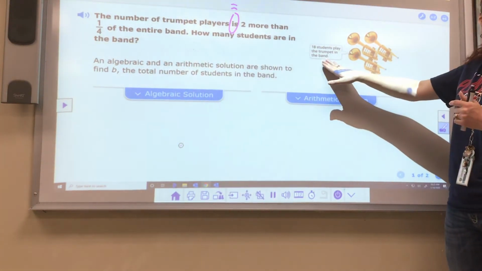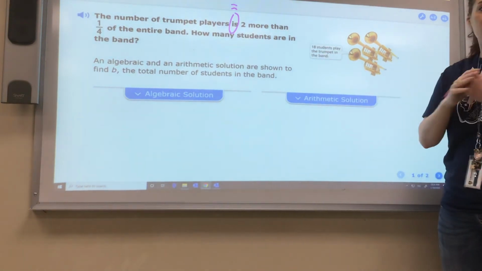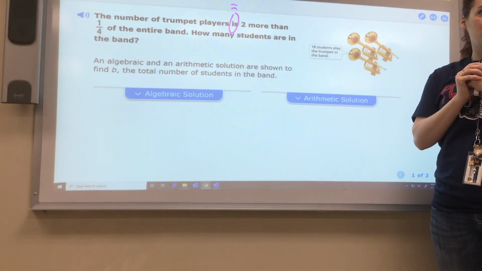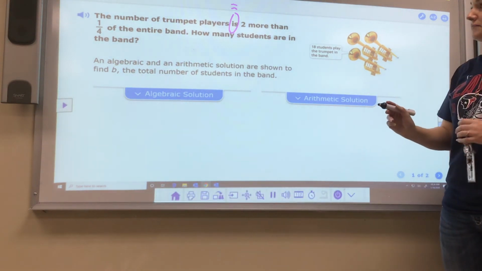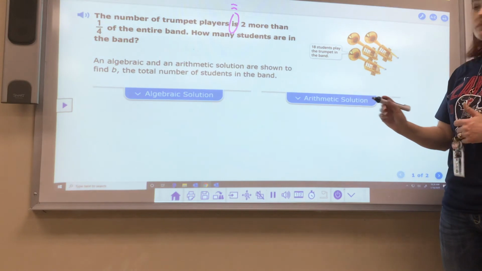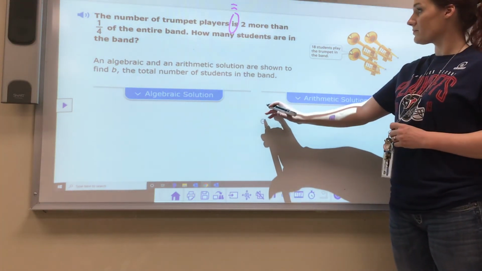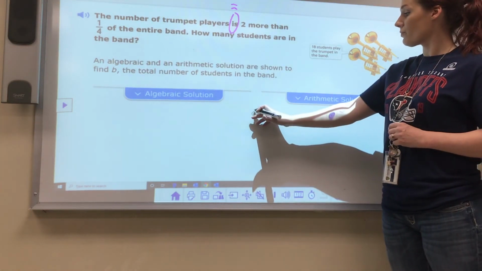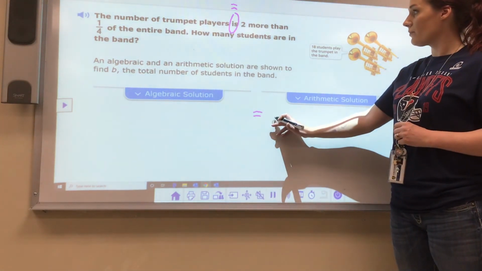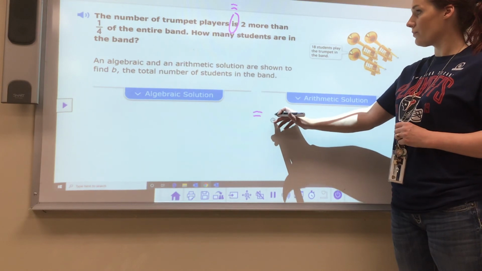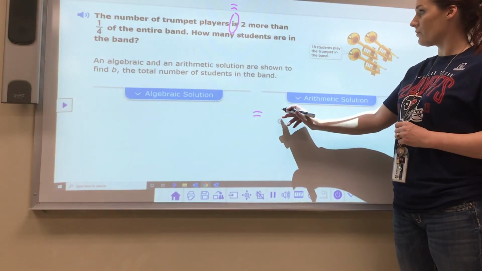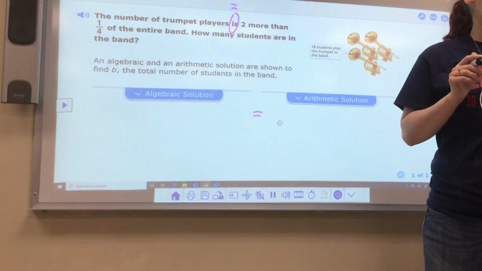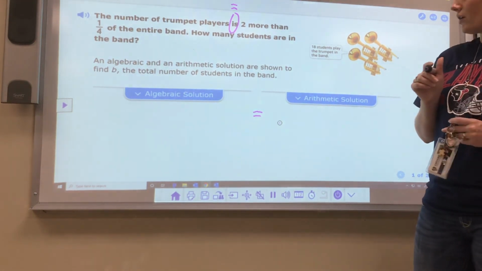Did you notice this, by the way? There's something here where it says 18. Jude. Can I do any side I want to? Yep. So on the right side, 18S. No, wait. What's S? S is the students. Like the band?